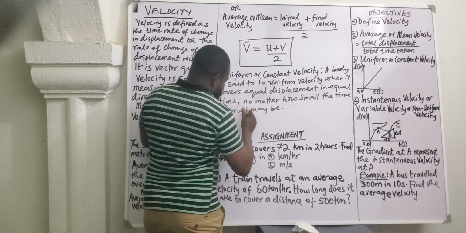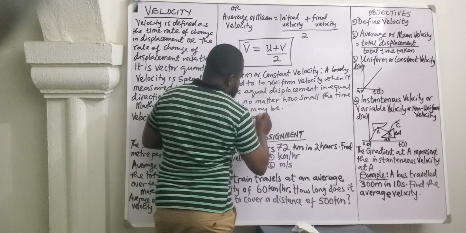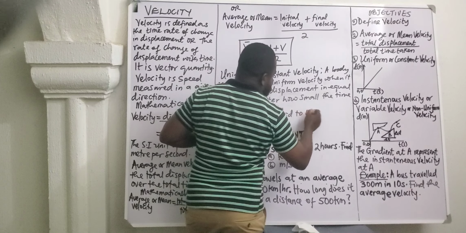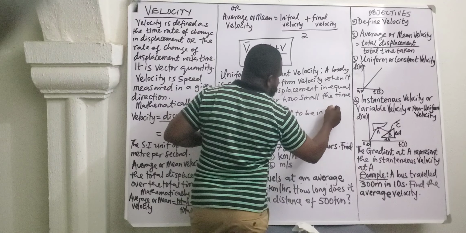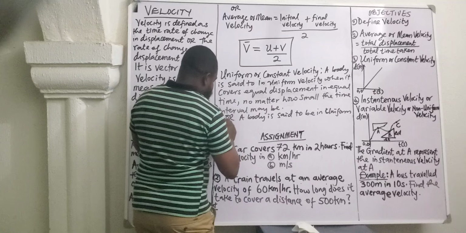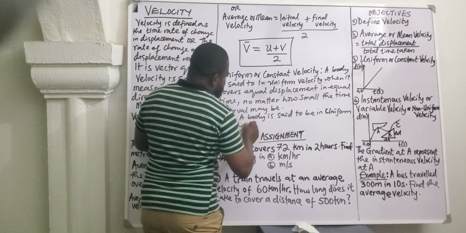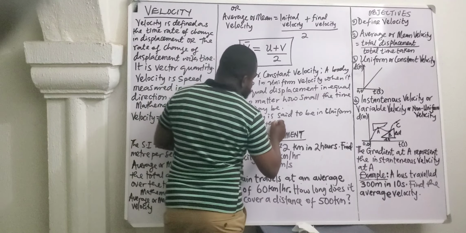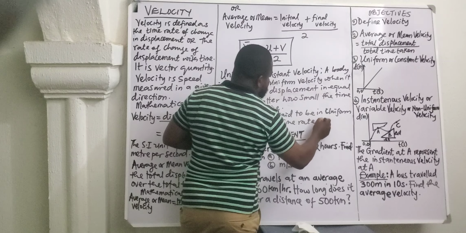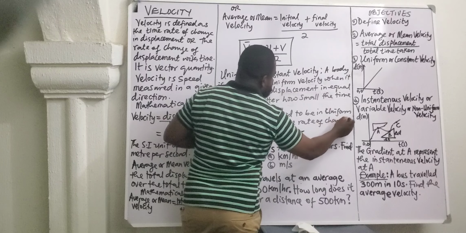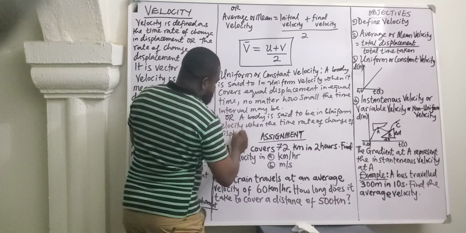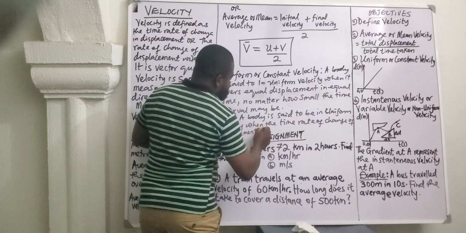Or a body is said to be in uniform velocity when the time rate of change of displacement is constant.